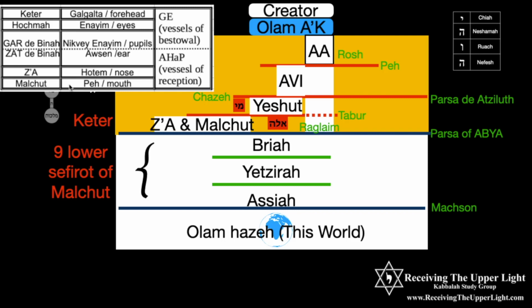And so the whole system of Hochmah, Bina, Zeir Anpin, Malchut is full with the light. So that's basically where we end up.